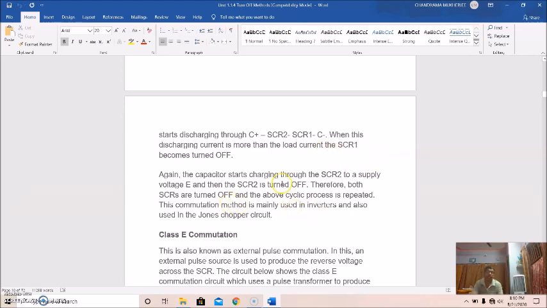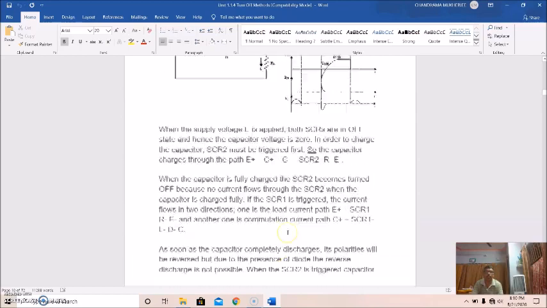Again, the capacitor starts charging to the DC supply voltage through the auxiliary thyristor, and then SCR2 is turned off. Both SCRs are turned off, and the above cyclic process is repeated. Mostly this commutation method is used in inverters and also in the Jones chopper circuit.